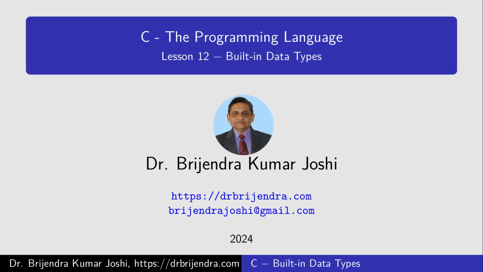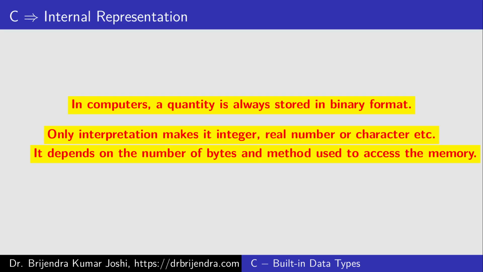In this video, we'll see what the built-in data types in the C programming language are. First of all, we must always remember that the internal representation of any data type, whether built-in or user-defined, is always in binary format.